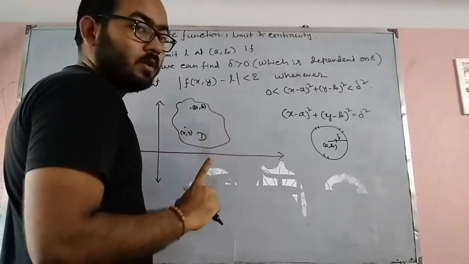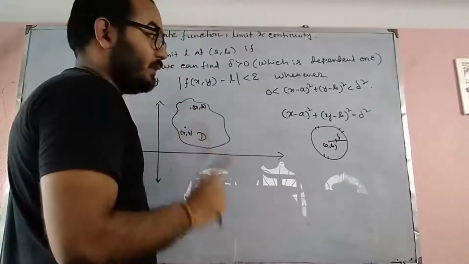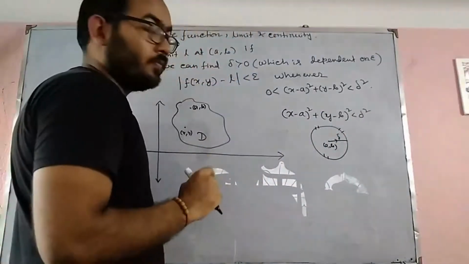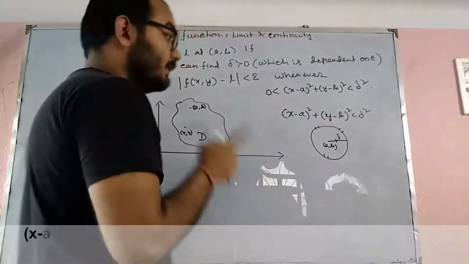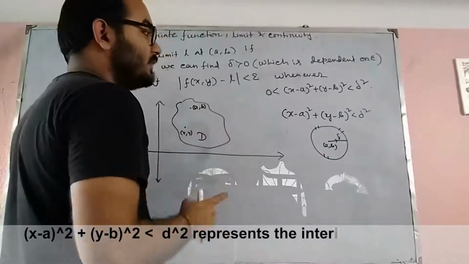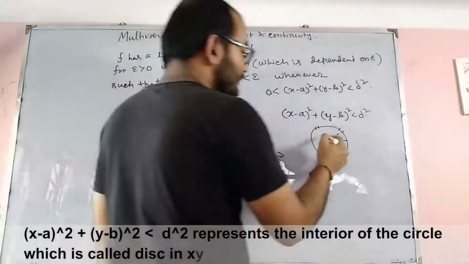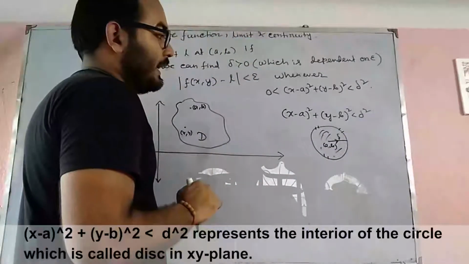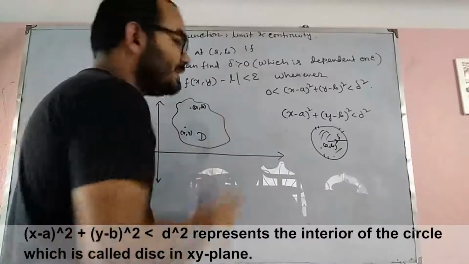But if we replace the equality sign by the less than sign, then this inequality is satisfied by those points which are lying in this portion of the picture, and this is called a disk.